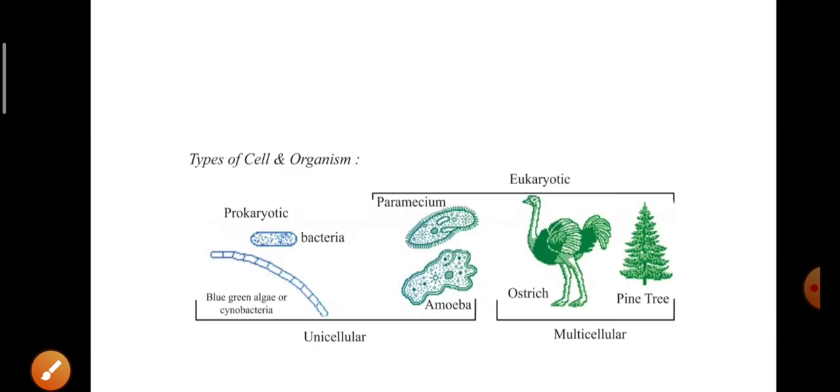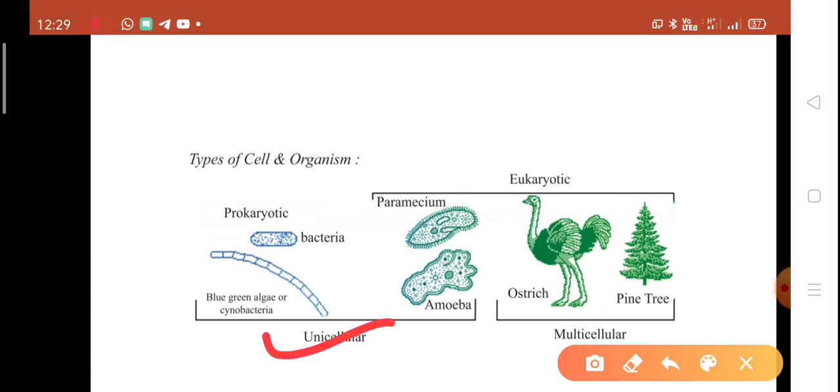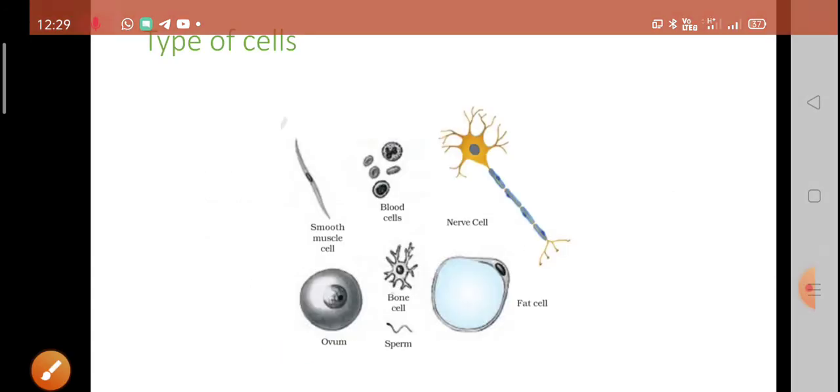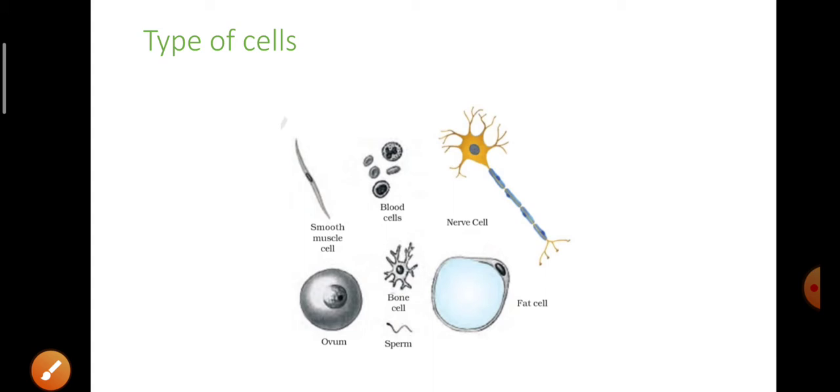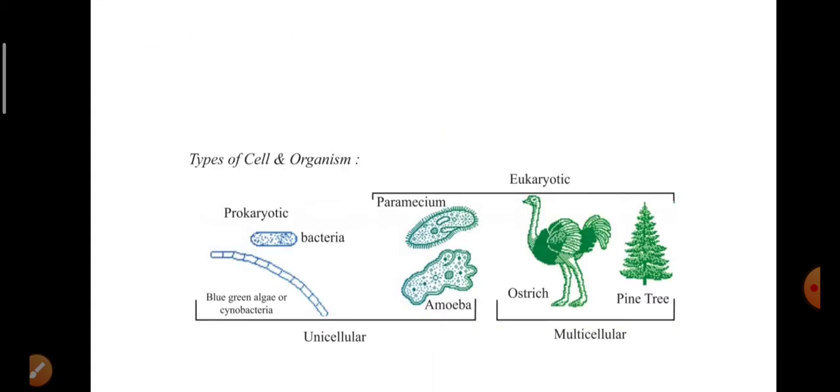And with the number of cells, we can divide organisms into two parts. First is unicellular and second is multicellular. So what is multicellular? Unicellular means the organism consists of only one single cell.